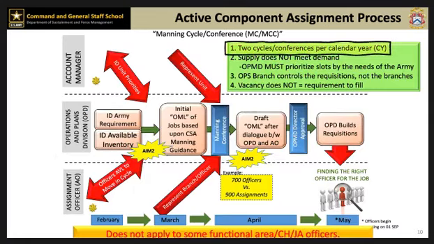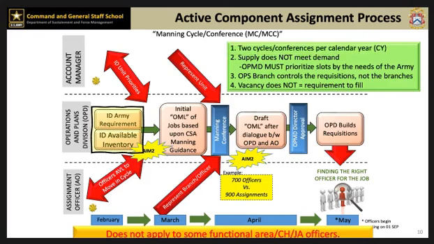There are currently 2 manning cycles per year. The HRC Officer Professional Management Division uses 2 windows or cycles a year to move officers. The summer cycle is the largest. Once a shortage is identified by a unit in accordance with commander priorities, a requisition must be built by the officer strength manager of that unit or organization in coordination with HRC Force Distribution Branch.